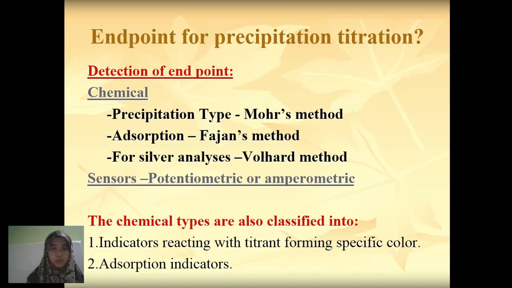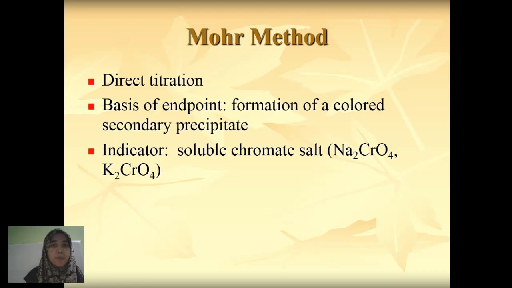So what are the differences between these three types of chemical detection? The first one, the Mohr method, is a direct titration. The basis of the endpoint is the formation of a colored precipitate.